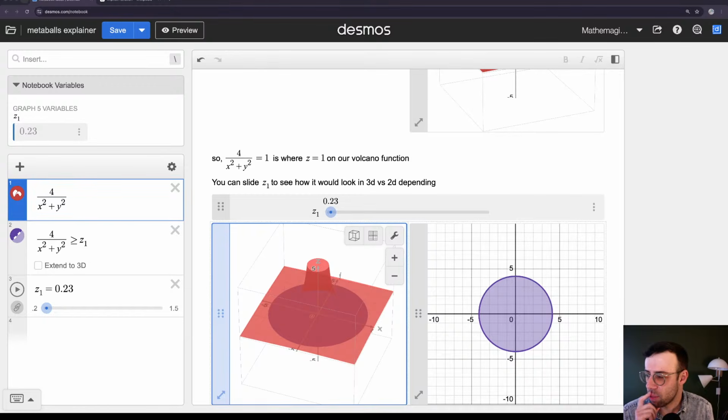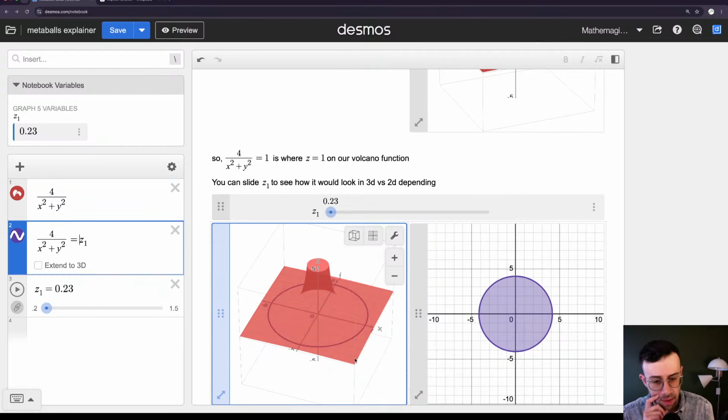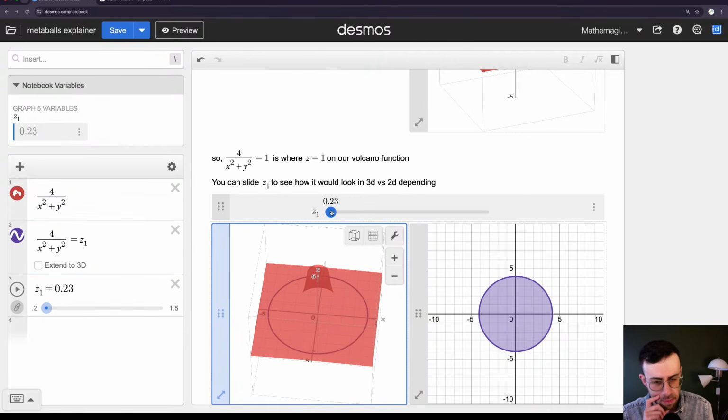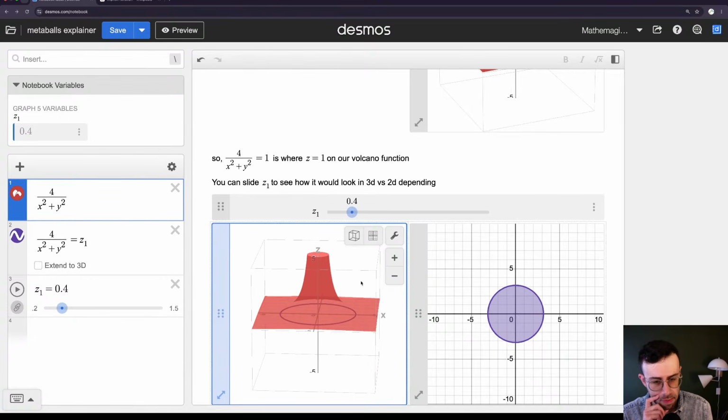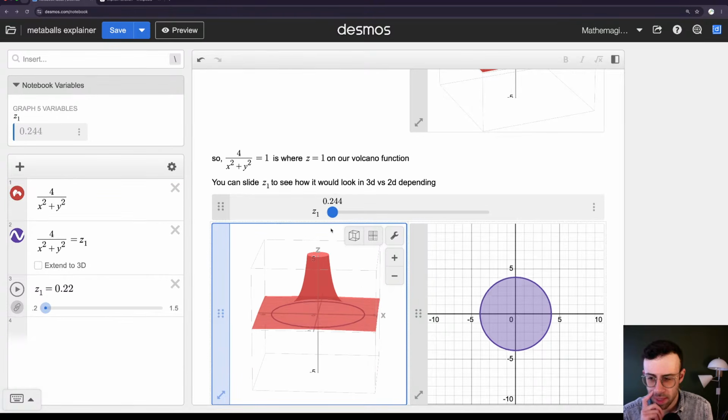Graph a curve where the plane and the volcano intersect. Right. Plot the intersection of the two surfaces. So just do that. That's not what I meant.